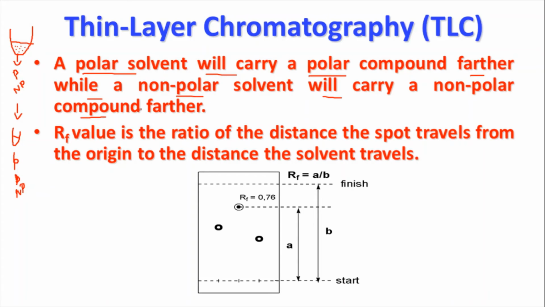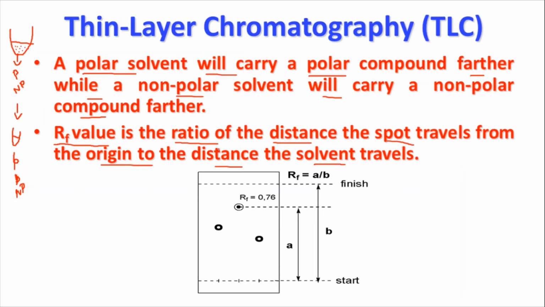Finally, after separation, we find a useful value called the RF value. This is simply defined as the ratio of the distance the spot travels from the origin to the distance moved by the solvent.